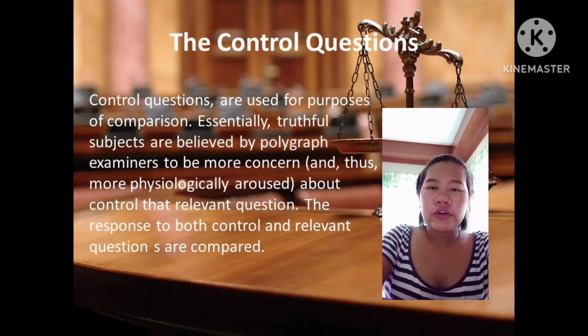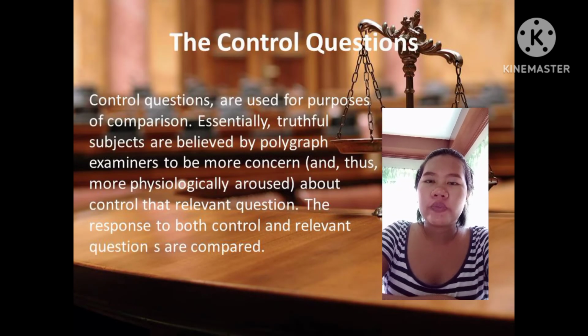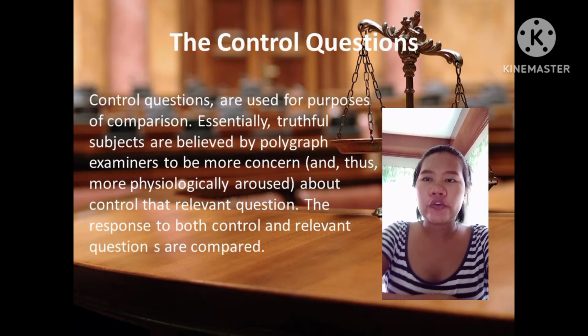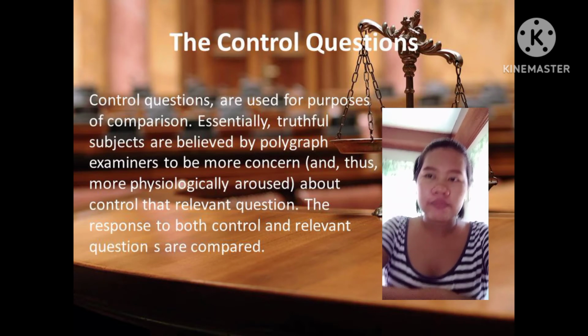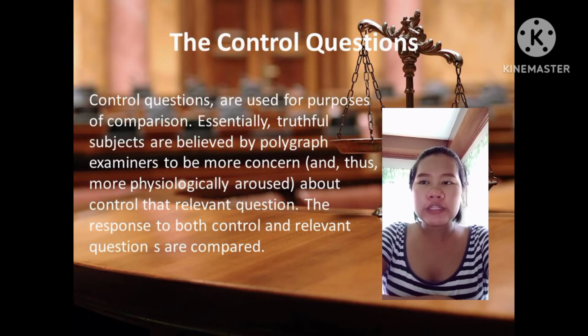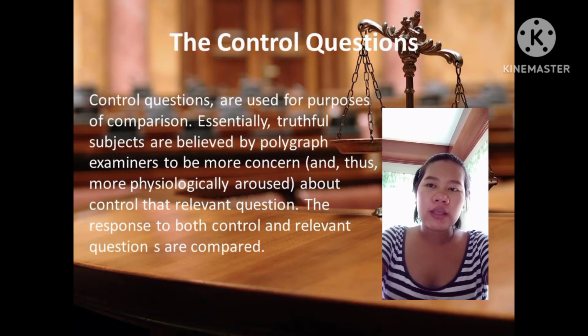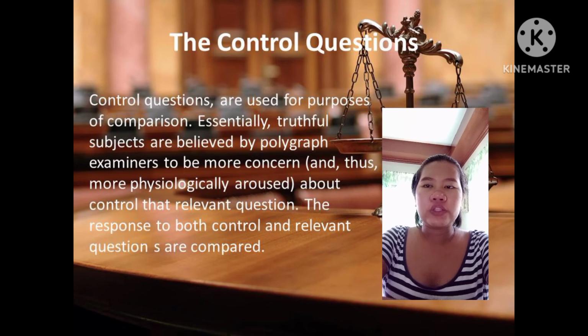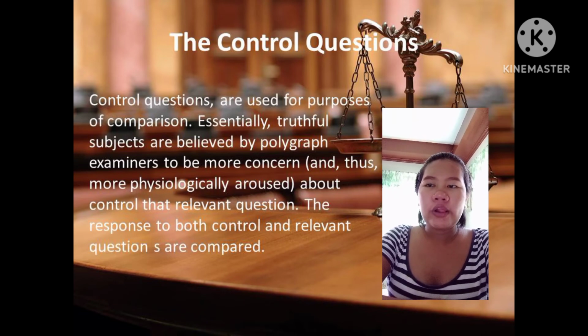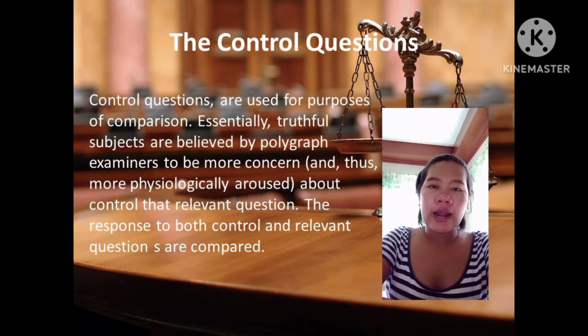Next are the control questions. Control questions are used for purposes of comparison. Essentially, truthful subjects are believed by polygraph examiners to be more concerned, and thus more physiologically aroused, about control than relevant questions. The responses to both control and relevant questions are compared.